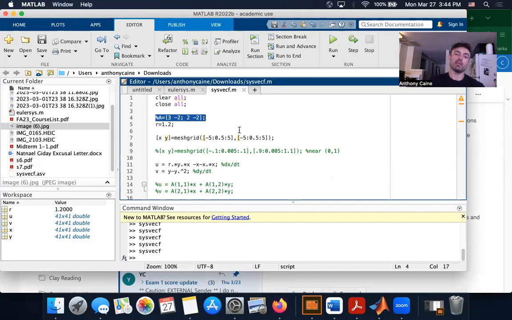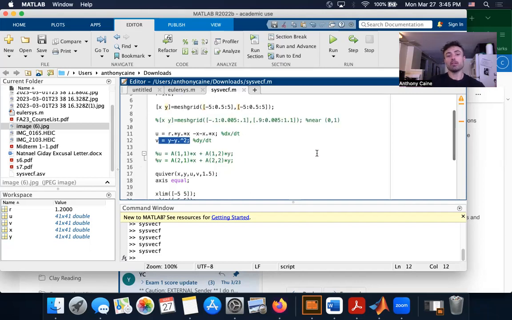So it would be this matrix here, which he then references to build the dxdt and dydt. Now, he didn't call them dxdt because MATLAB wouldn't like that, so we called them u and v. But that's what's going on here. With u, I just input what our dxdt equation is. So it's rxy minus x squared. And similarly with v, I just put in what our dydt equation is.